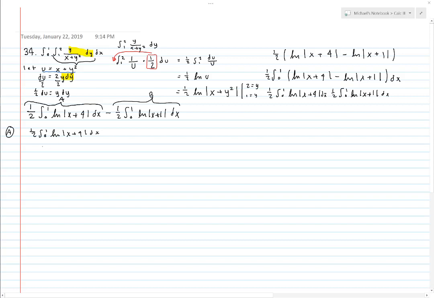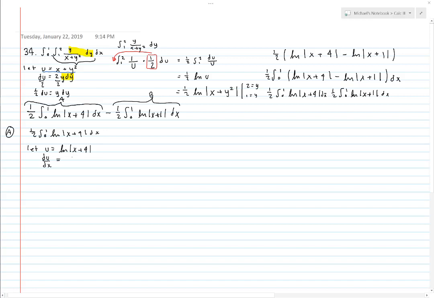So when we examine this, we're going to use the u method again, and we're going to say let u equal ln(x+4), and then we're going to take du over dx.